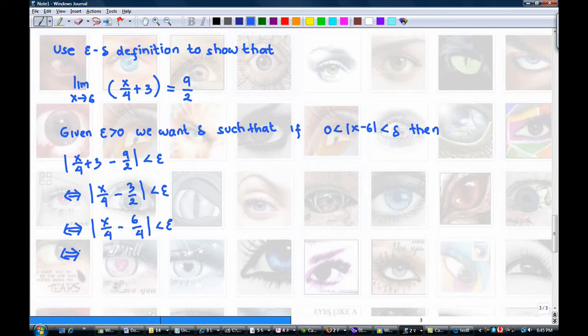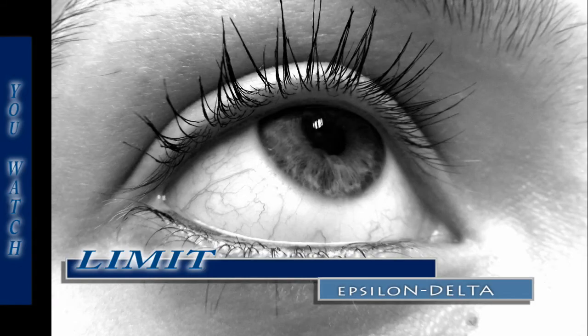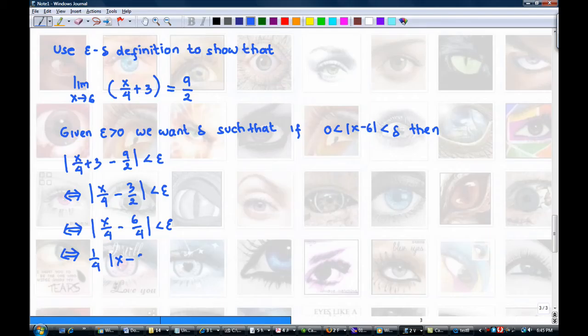And since both of them have 1/4, then we can pull the 1/4 outside to get this. And then, in terms of absolute value of x minus 6, this statement is equivalent to, if we multiply both sides by 4, we have this.